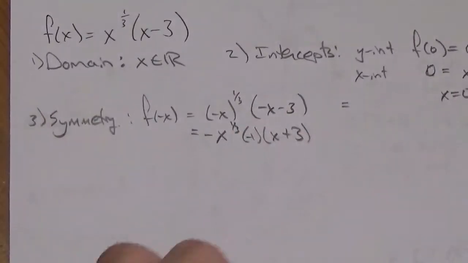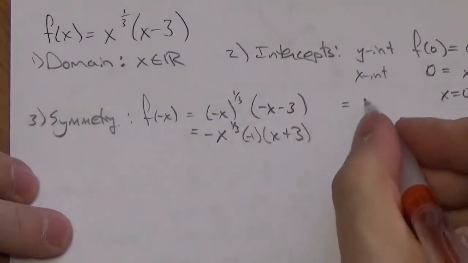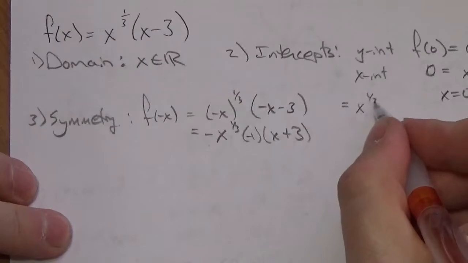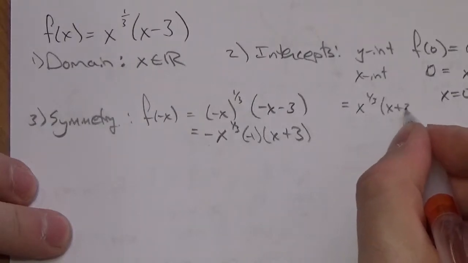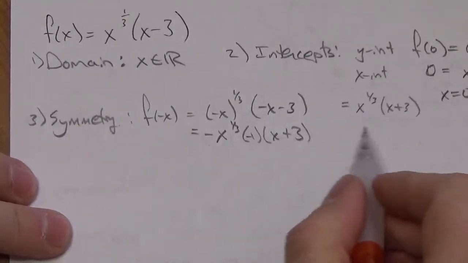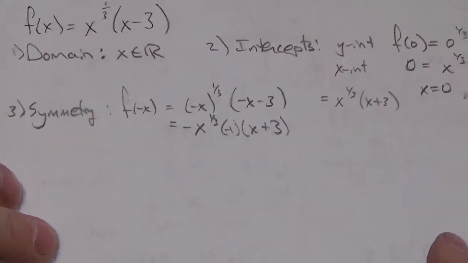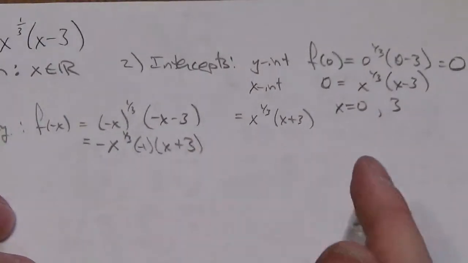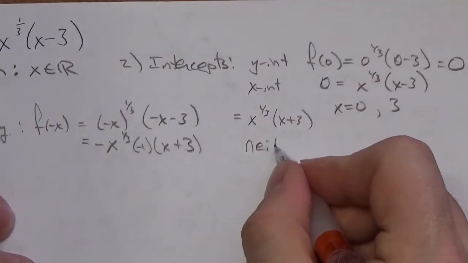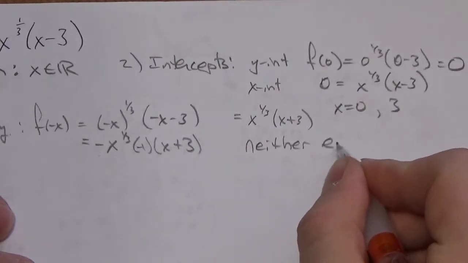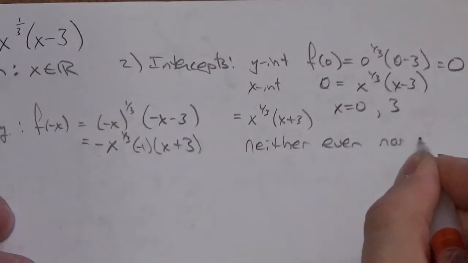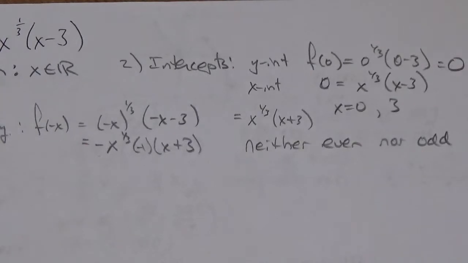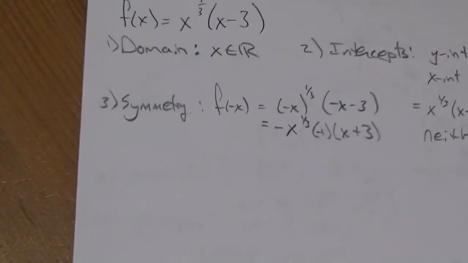My mistake, you can't see that. So this is going to leave us with positive x to the 1/3 multiplied by x plus 3. Because that is not exactly the same as the original, but it's also not the negative of the original, this is neither even nor odd. So it doesn't have any of the symmetry that you'd expect with either one of those scenarios.